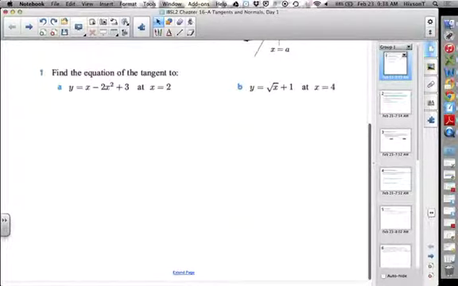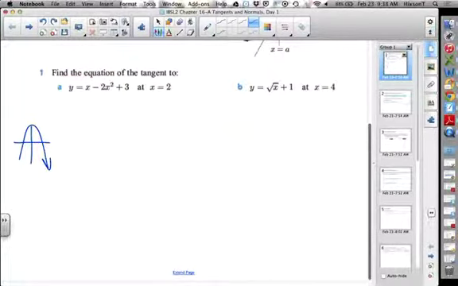So here I gave you two functions. One is a parabola, and this parabola looks something like this. We want what the slope would be at x equals 2. So in other words, let's say x equals 2 right here.